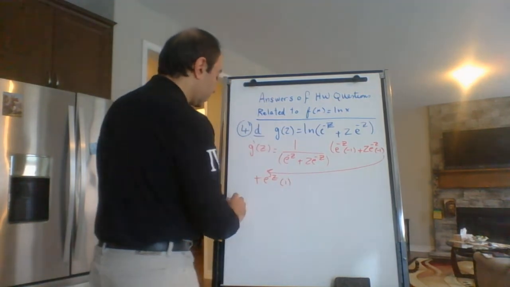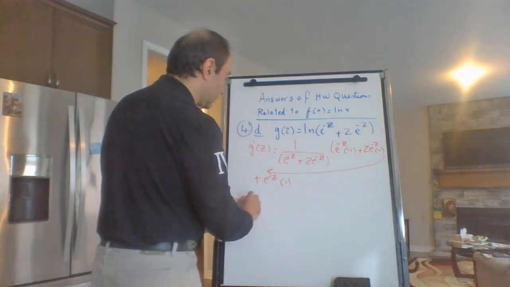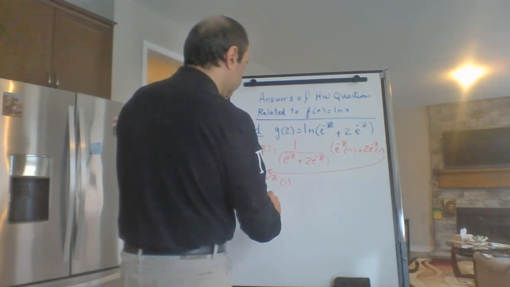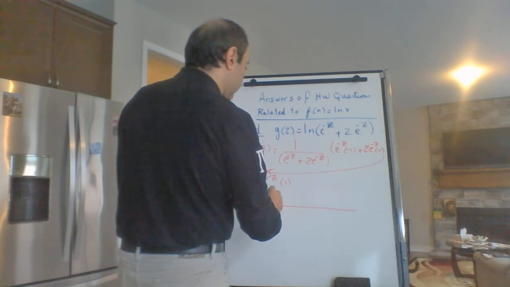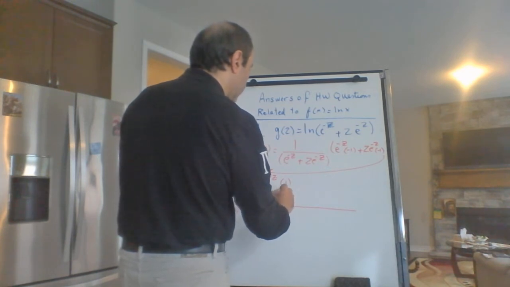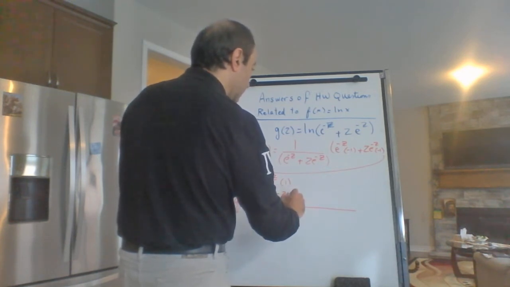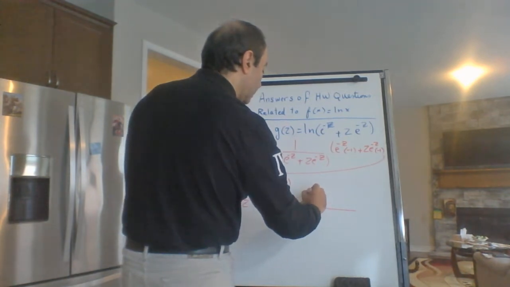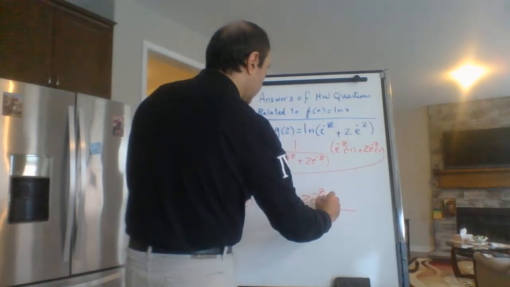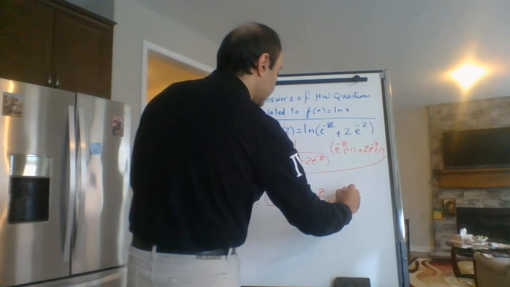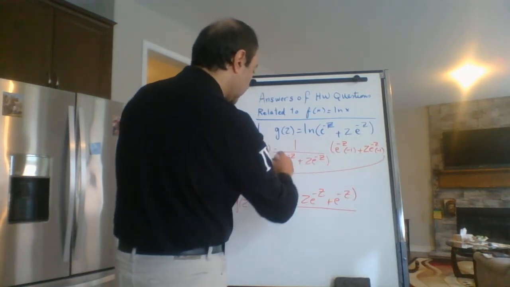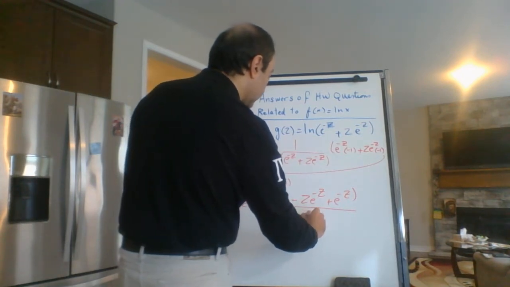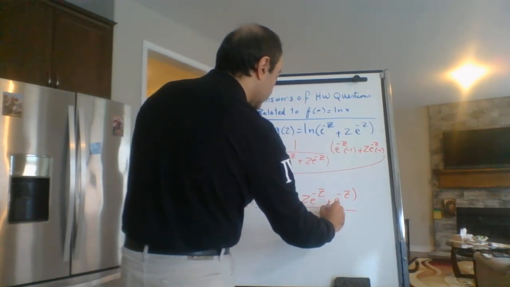Then we can write this in a better way. g prime of z equals negative e to the power of negative z minus z e to the power of negative z plus e to the power of negative z, everything divided by e to the power of negative z plus z e to the power of negative z.